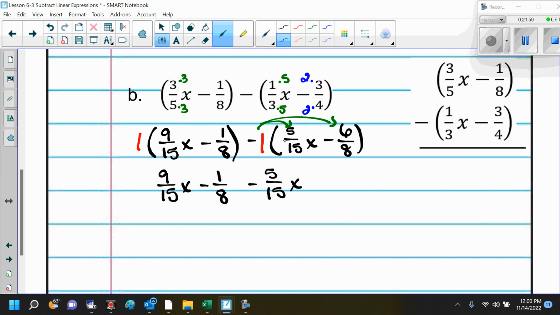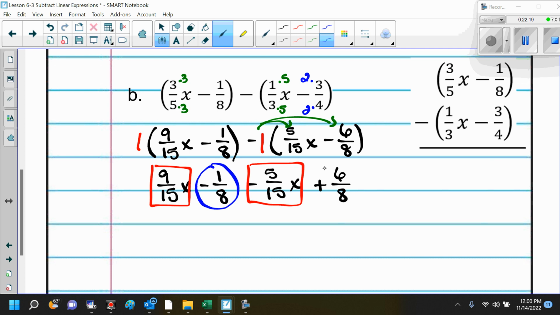And then over here we have a -1 times a negative 6/8. That's going to be a positive 6/8. And now we can combine our like terms. So we've got a 9/15 x and a negative 5/15 x. We've got a negative 1/8 and a positive 6/8.